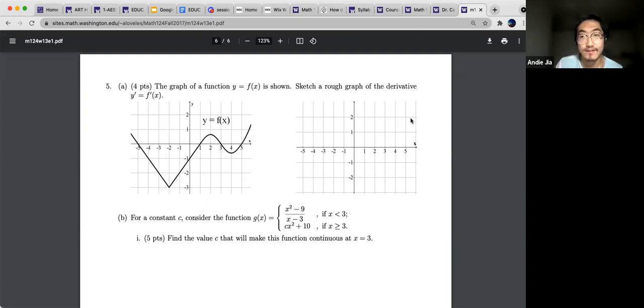So now you understand more. Here at -2, it is not differentiable.